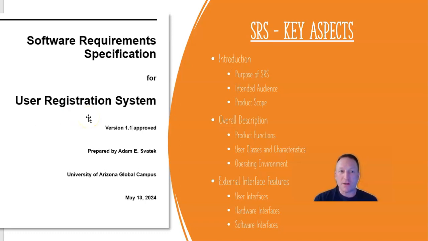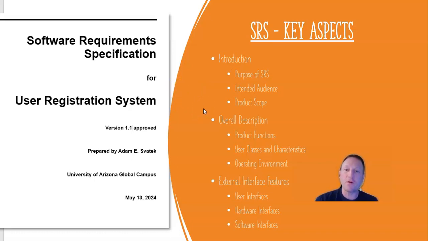So we begin this project with a software requirements specification for this user registration system. This document goes through all of the required steps in planning to make this website, starting off with the introduction, the purpose of the software requirements specification, the intended audience, and the product scope.